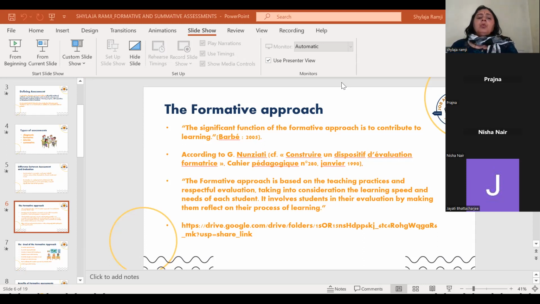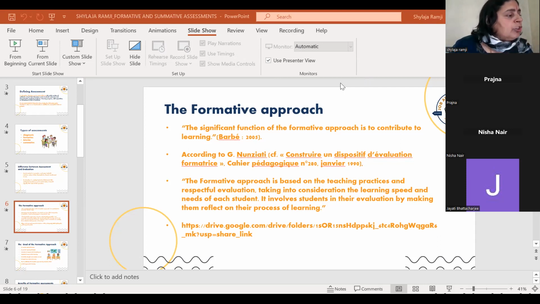Now, this was actually by Michael Scriven, as early as 1967. He was the one who actually coined the formative and the summative approach.